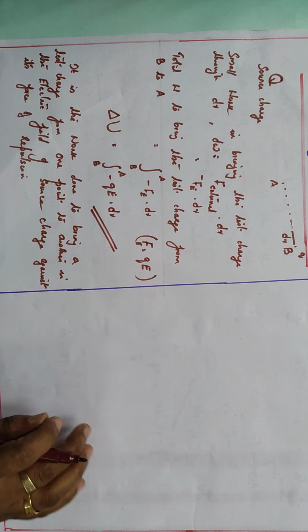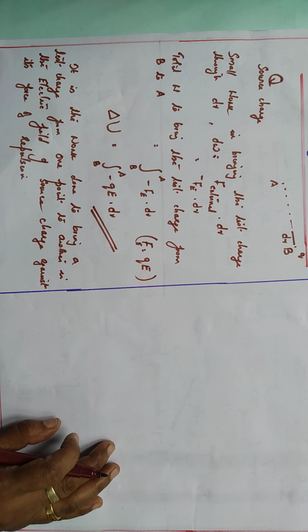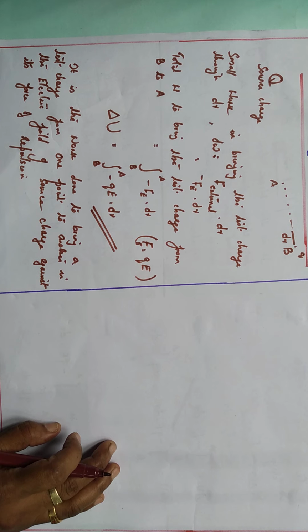So this is called electric potential energy difference. It is the work done to bring any charge from one point to another in the electric field of the source charge against its force of repulsion.